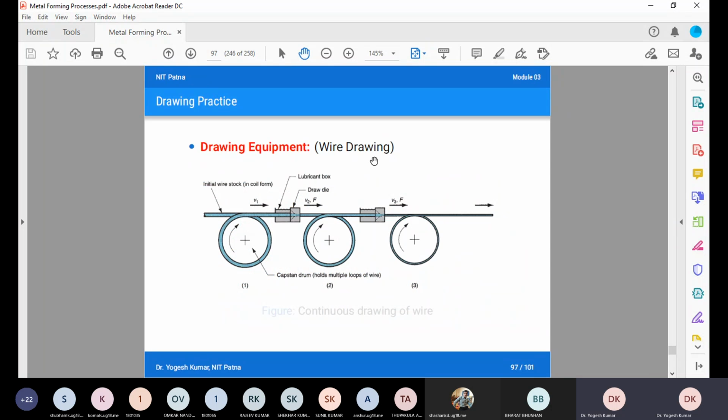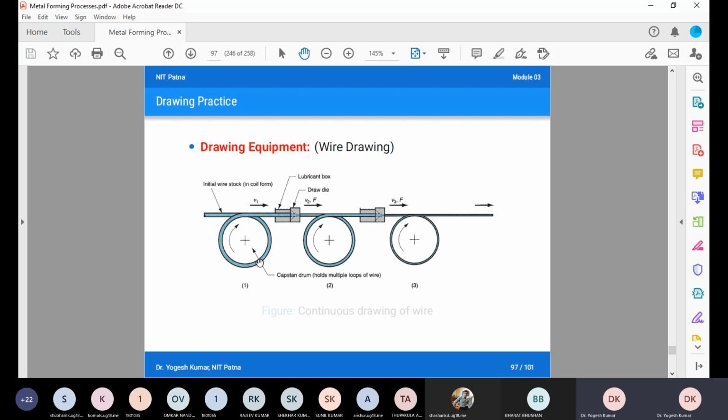Here you can see an arrangement of the wire drawing process. It is your initial starting block, and it is being folded on a capstan drum, which holds multiple loops of wire.